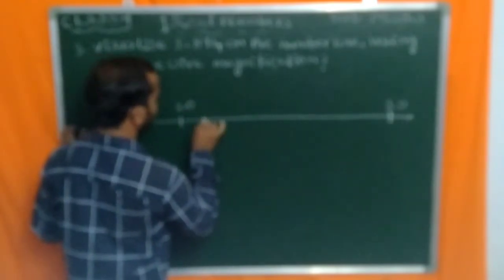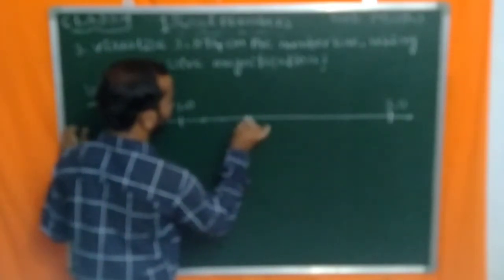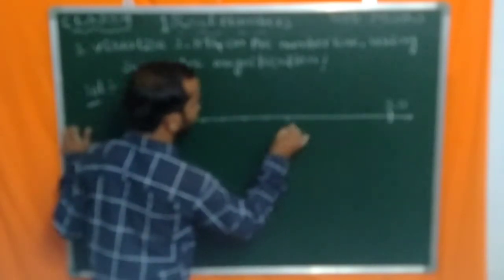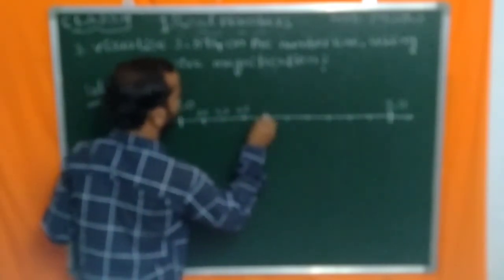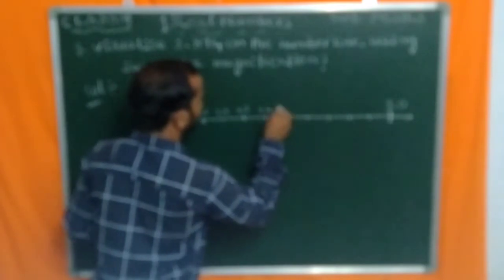Each part is 2.1, 2.2, 2.3, 2.4, 2.5, 2.6, 2.7, 2.8, 2.9 and 3.